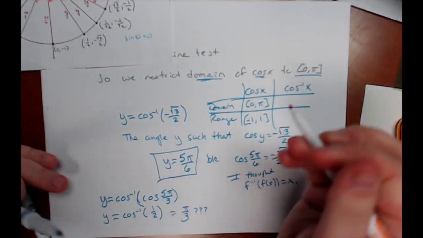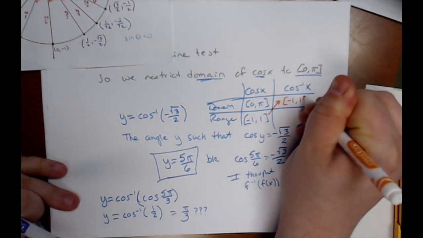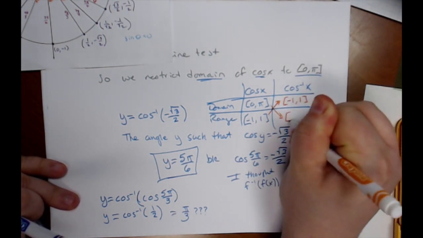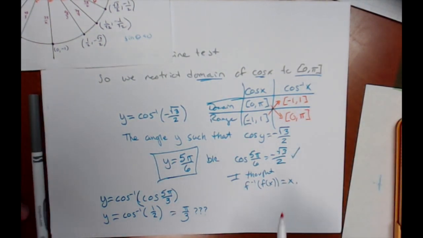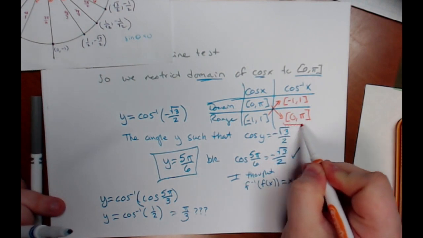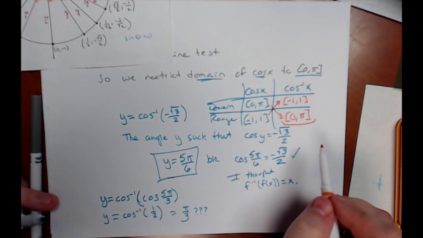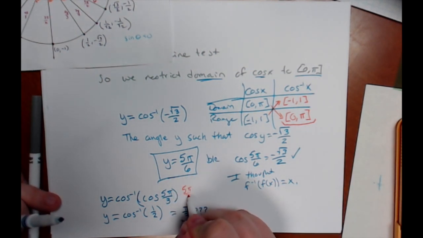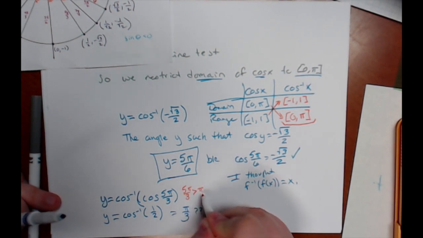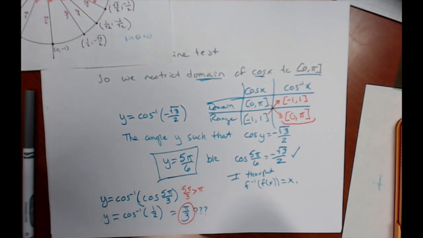But remember, when we take inverses, our domains and ranges swap. So arc cosine can only return for us a value between 0 and pi. 5 pi over 3 is greater than pi. So it had to return to us pi over 3, because pi over 3 is between them.